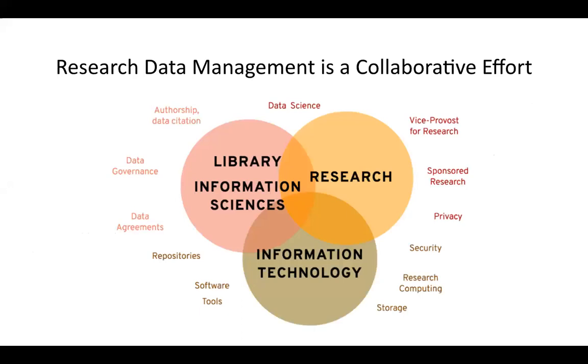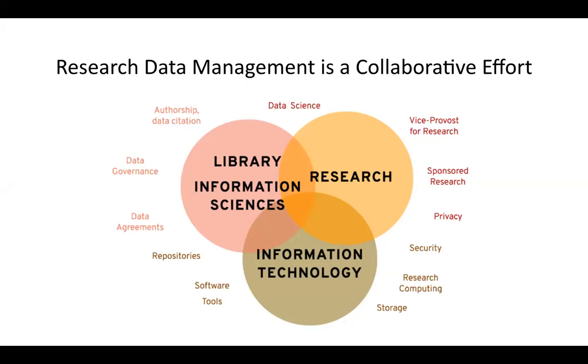And then in order to successfully manage that data, you may have to work with a network of people and groups. So no one entity at the university is responsible for the management of your research data. So today we really want to highlight the fact that research data management is a collaborative effort.